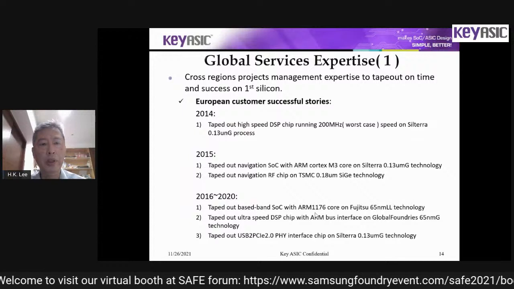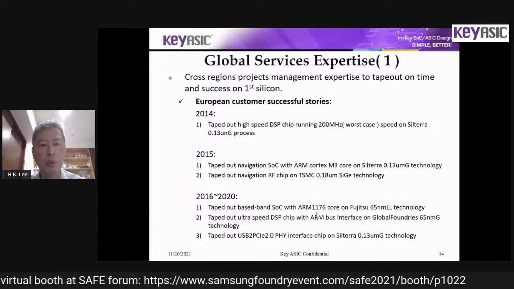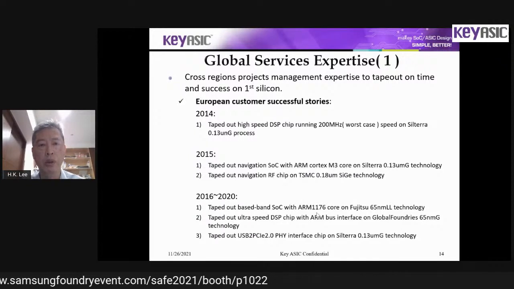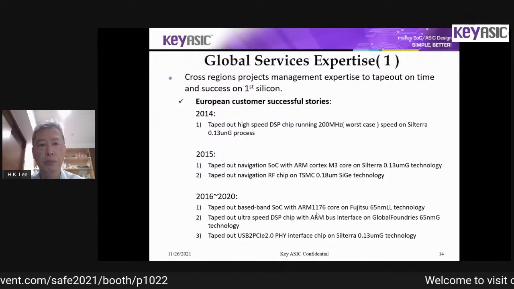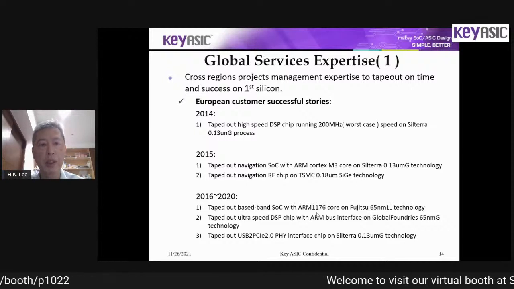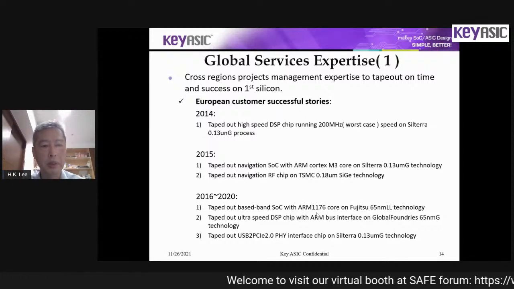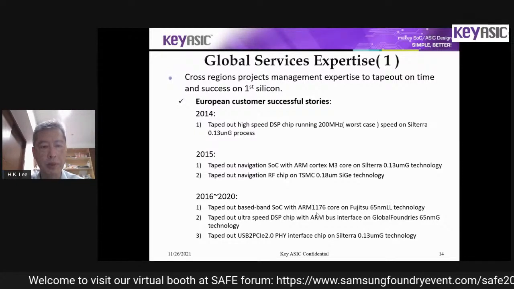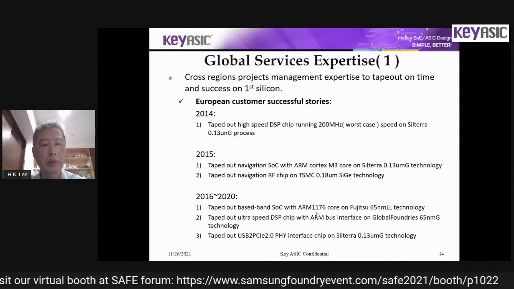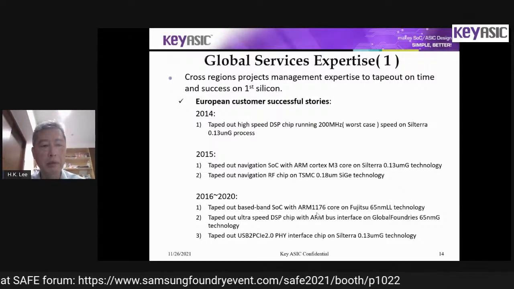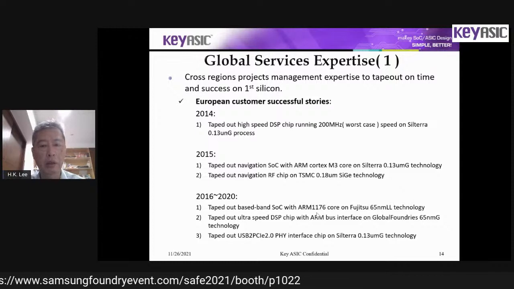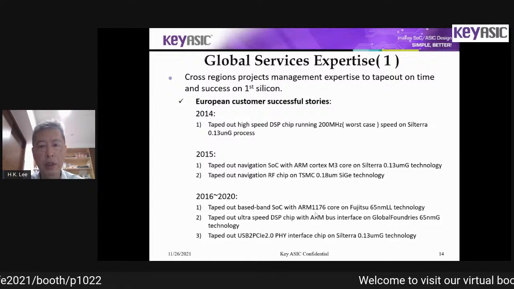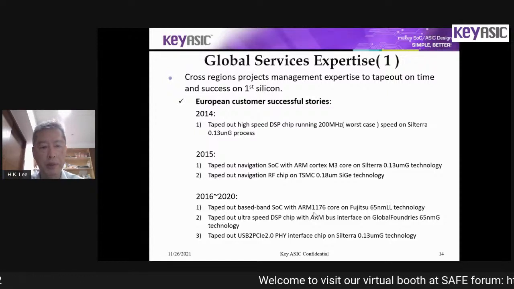We have very comprehensive experience working with worldwide customers, either system companies or chipset companies, to provide our platform service to them. Here are some examples we have been engaged in over the past years. In the European area, we taped out in 2014 a DSP chip running at 200 megahertz on Stera 130 nanometer process.